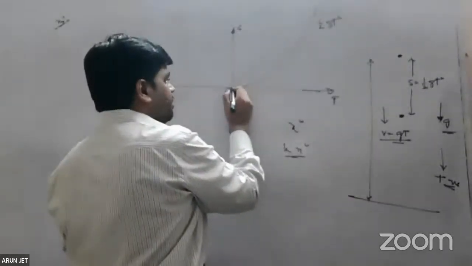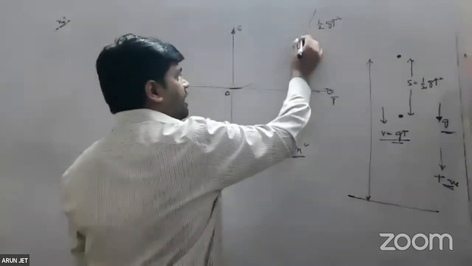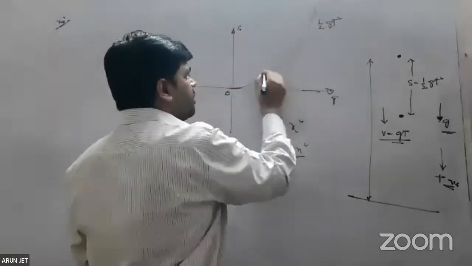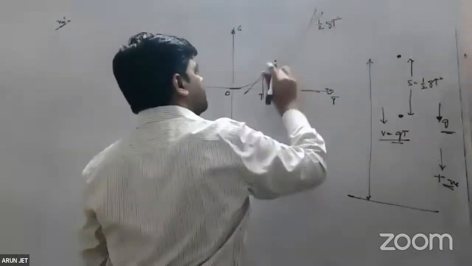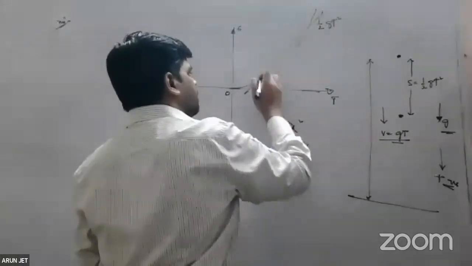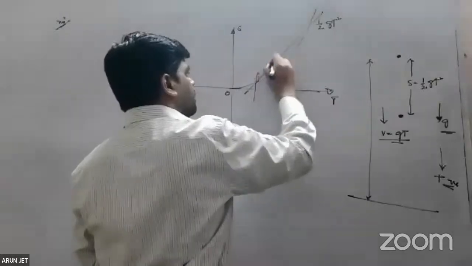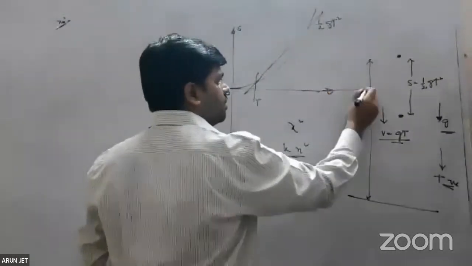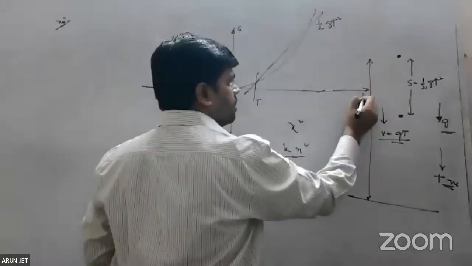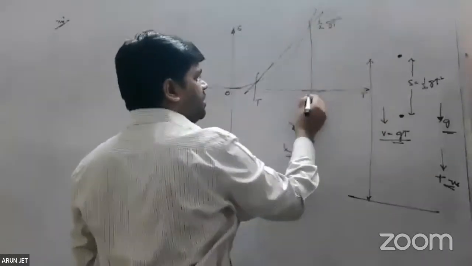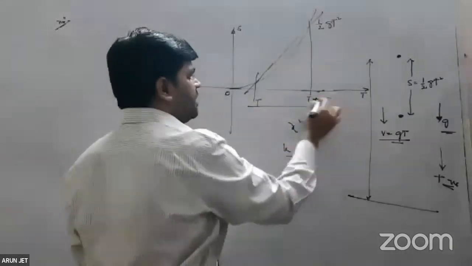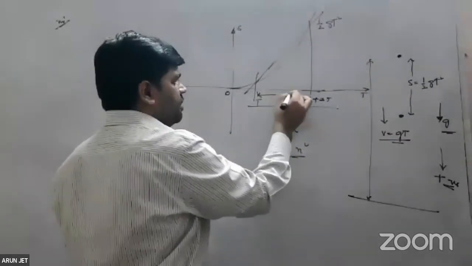I take a certain time t, and I draw a chord like this. At another time, t plus delta t, this chord intersects the curve. So this distance is delta t.